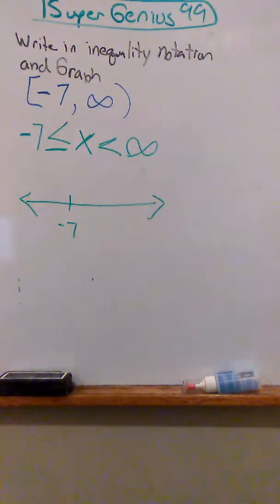Okay, so infinity does not exist on the graph. So how do you represent it? You just use an arrow. Okay, so we have x will be greater than or equal to -7. So that greater than or equal to is the square bracket. That would be a closed circle if you were doing the circle notation, or you can just use the bracket.